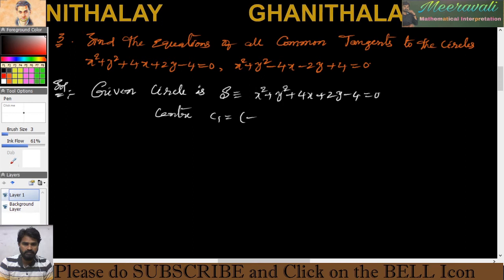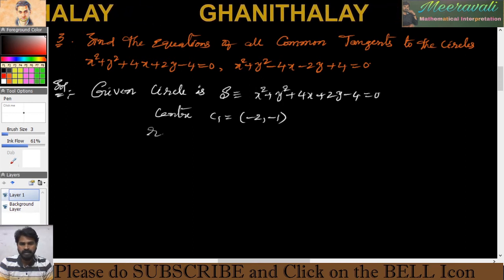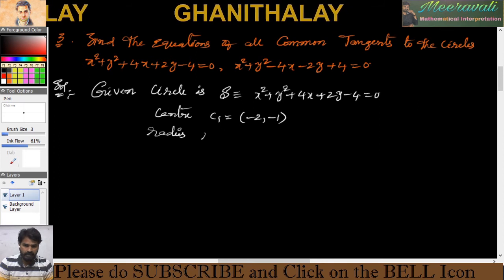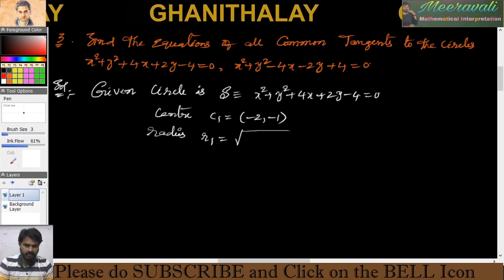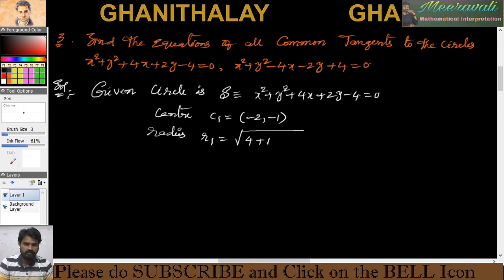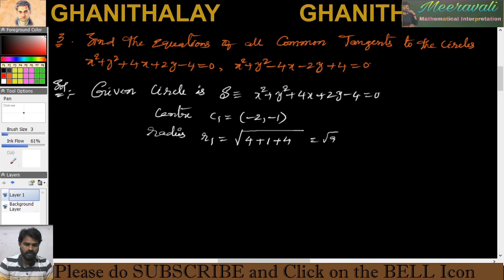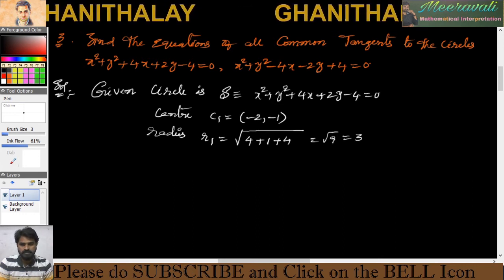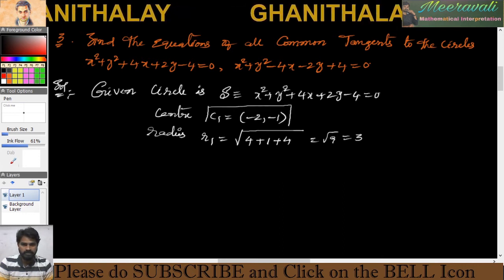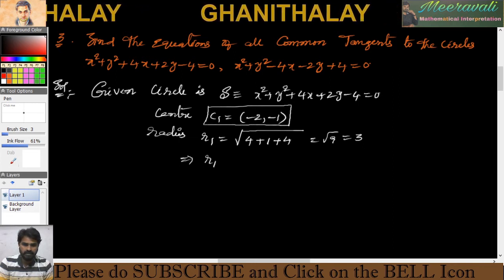C1 is equal to (-2, -1). Okay, next radius R1 is equal to square root of center coordinates squared, 1 square 1, next minus of minus 4, that is plus 4, that is root 9 is equal to 3. This is the center of the first circle. Next, radius of the first circle is 3.